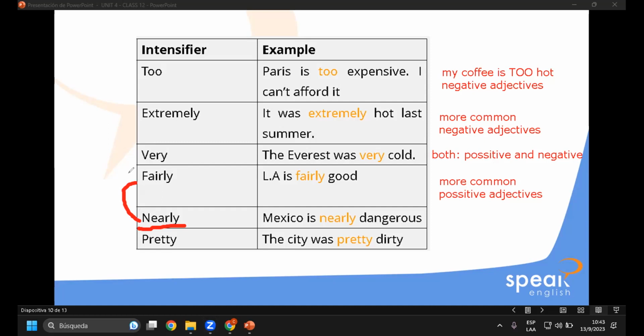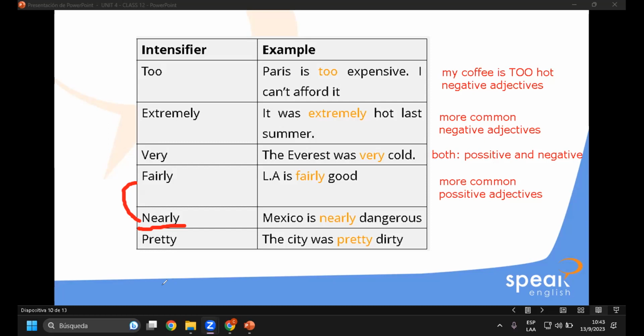So we can say, look at this one, Mexico is nearly dangerous. So what am I saying there? What is the meaning of that sentence? Am I saying that Mexico is bastante dangerous or that Mexico is casi dangerous? What do you think? Are you sure? All right, just think about it. In this case, does it make sense? Just try to translate the sentence.